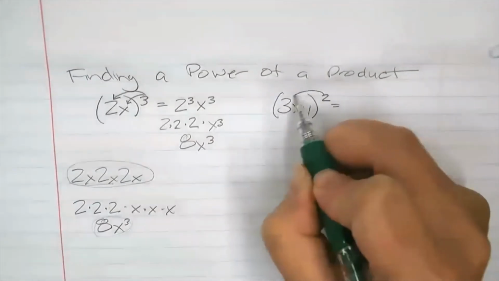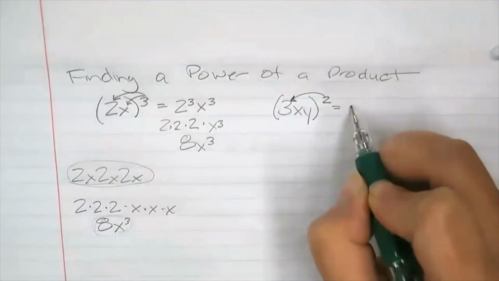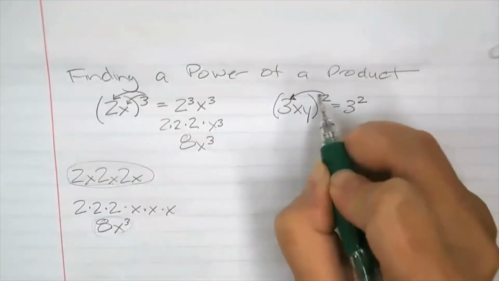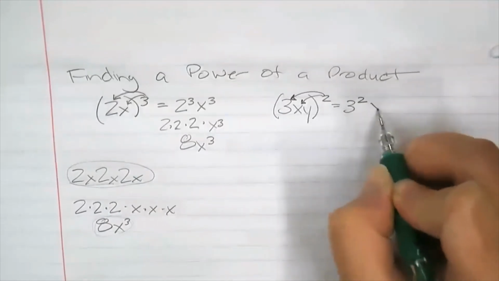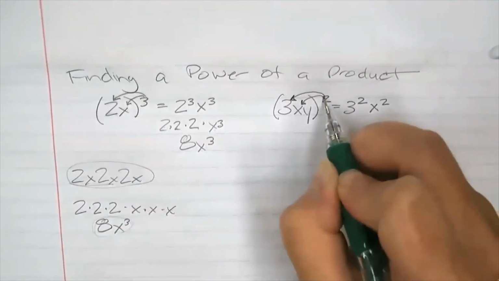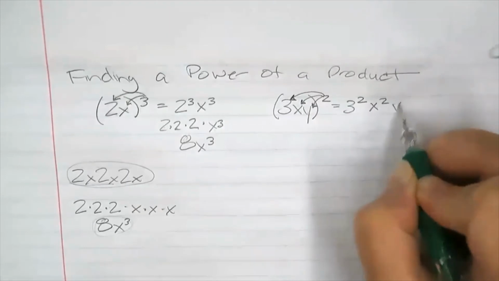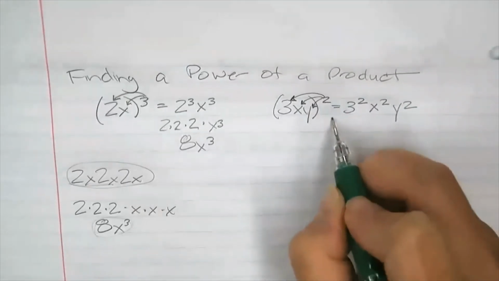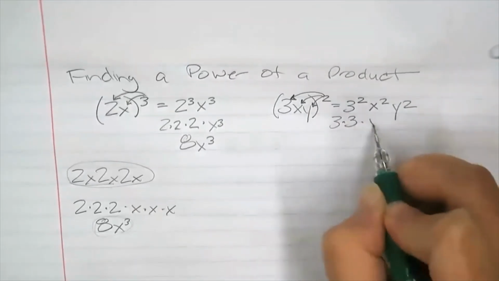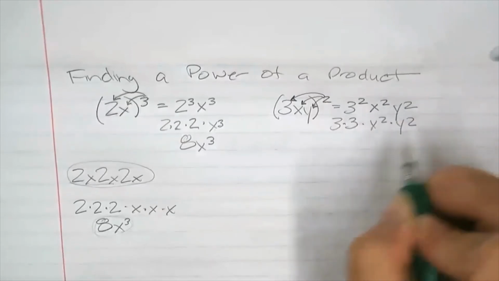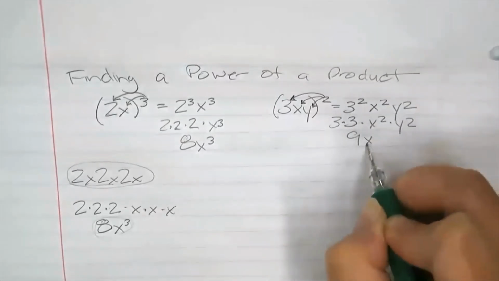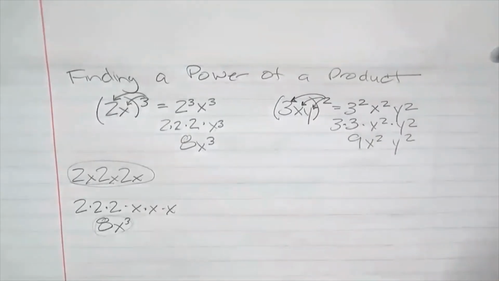So this is 3 squared times x squared times y squared. 3 times 3 is 9, x squared, y squared.